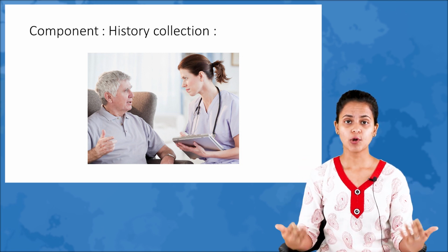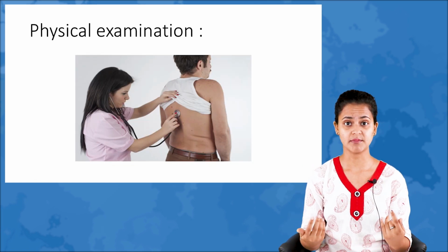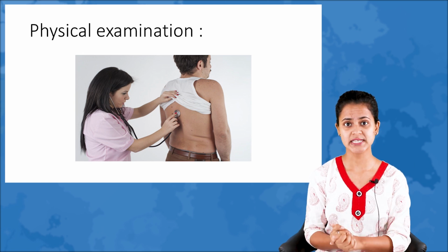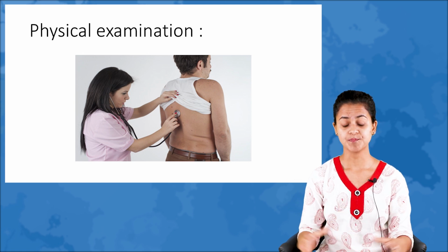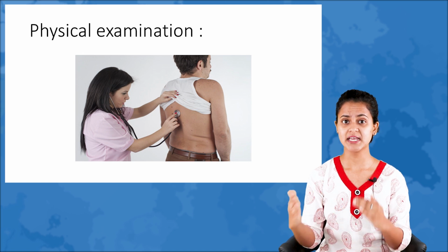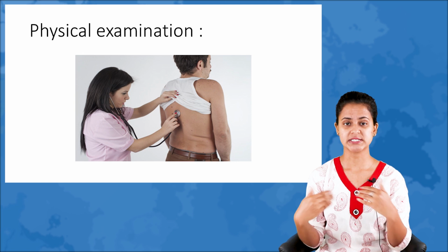Soon after performing the history collection, a nurse should perform a physical examination. The physical examination often includes a head-to-toe examination and a specific system examination. It involves the steps of inspection, palpation, percussion, and auscultation.